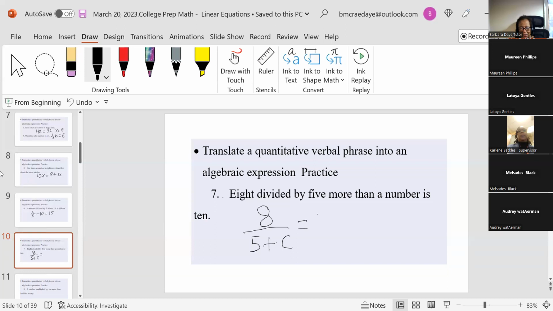That's it. Questions? Everyone follows? 8 divided by 5 more than a number means underneath the 8, you have the 5 more than a number expression. 5 more than, that's plus. Plus, Audrey says C, and that's equal to 10.